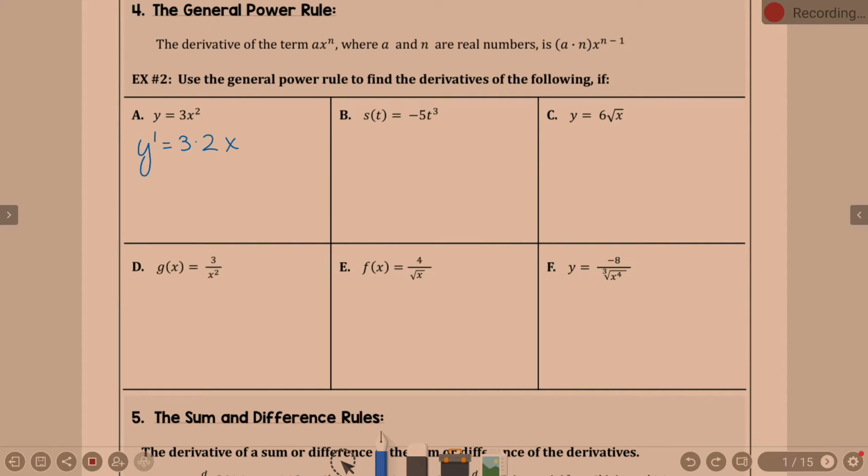And then instead of x to the second, we're going to decrease by 1. So 2 minus 1, making the final answer here when we clean it up 6x. Easy enough? Very much what we were doing yesterday, just building one little step there.